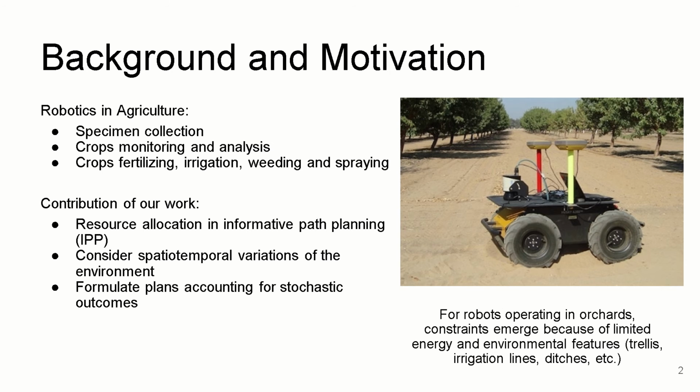So let's first start with background and motivation. As you know, we can use robotics and robots in agriculture for specimen collection, crops monitoring and analysis, crops fertilizing, irrigation, weeding, and spraying.